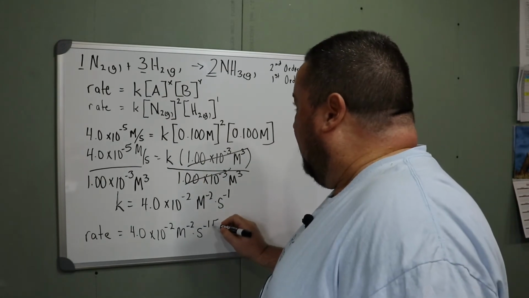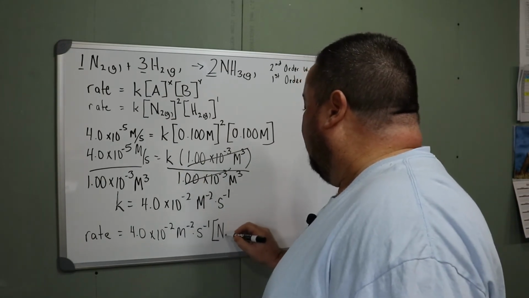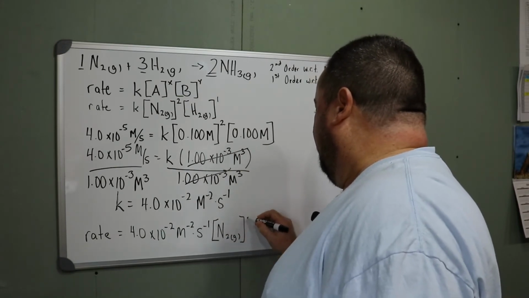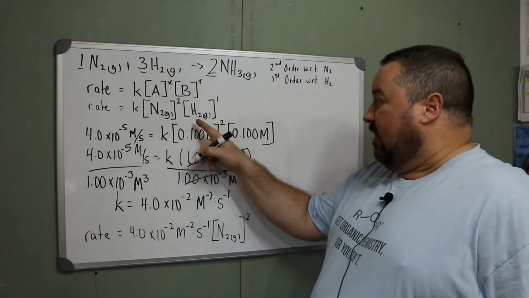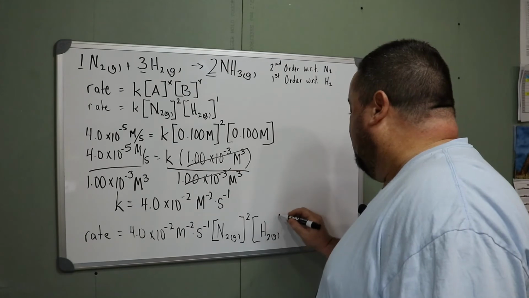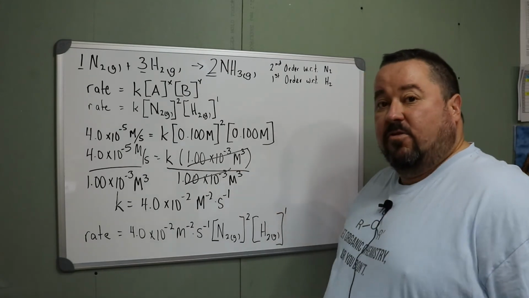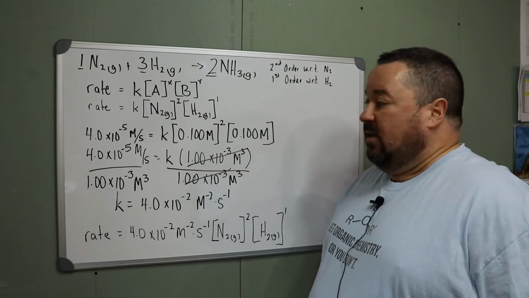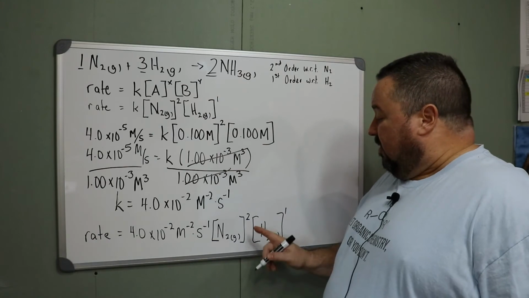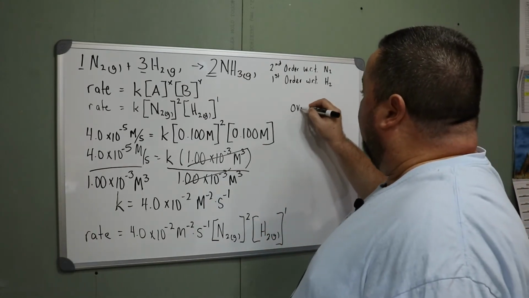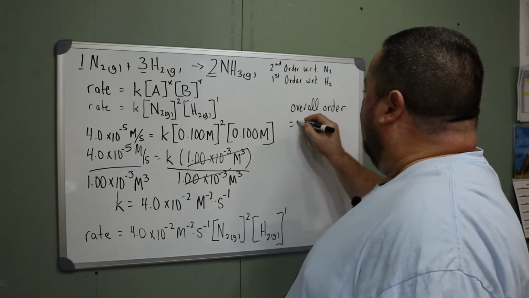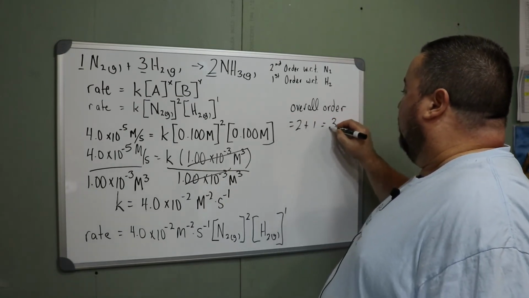Multiplied by the concentration of N2 gas squared and multiplied by the concentration of H2 gas to the first power, and of course you don't have to write the exponent 1 if you don't want to. The overall order is the sum of the individual orders, so the overall order here is 2 plus 1 or 3.